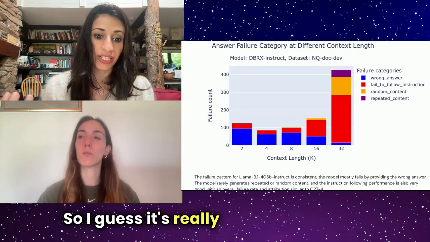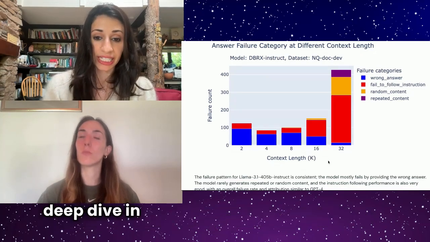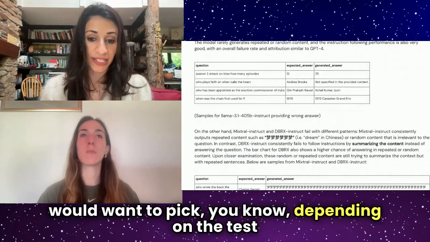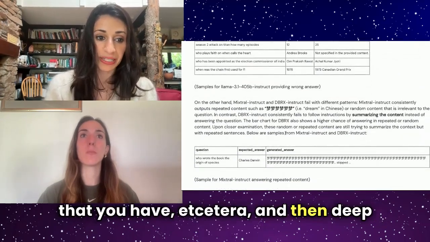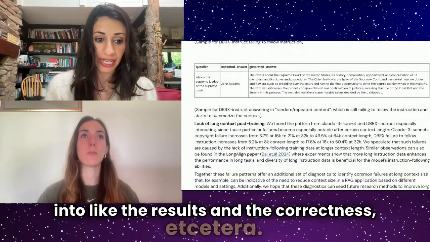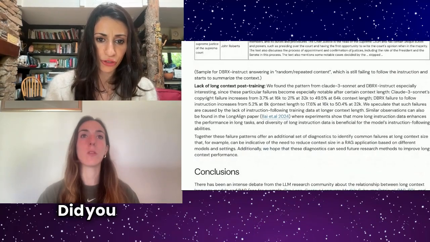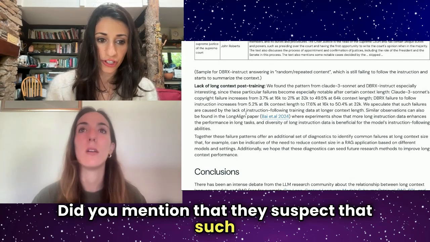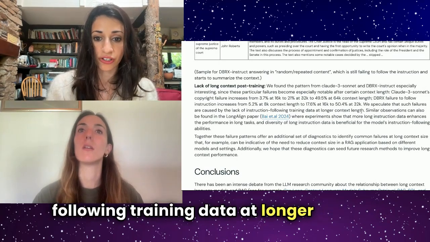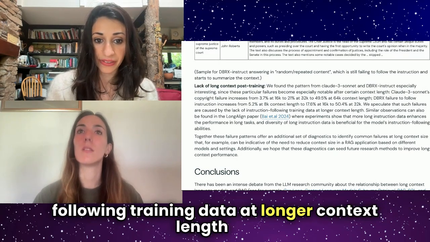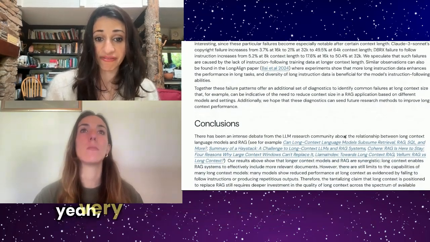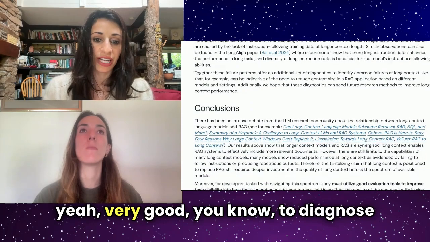So I guess it's really good to be able to deep dive into this data to understand which one you would want to pick, depending on the task that you have, etc. And then deep dive even more into the results and the correctness, etc. Did you mention that they suspect that such failures are caused by the lack of instruction following training data at longer context length, to explain some of the failures? But yeah, very good to diagnose errors.